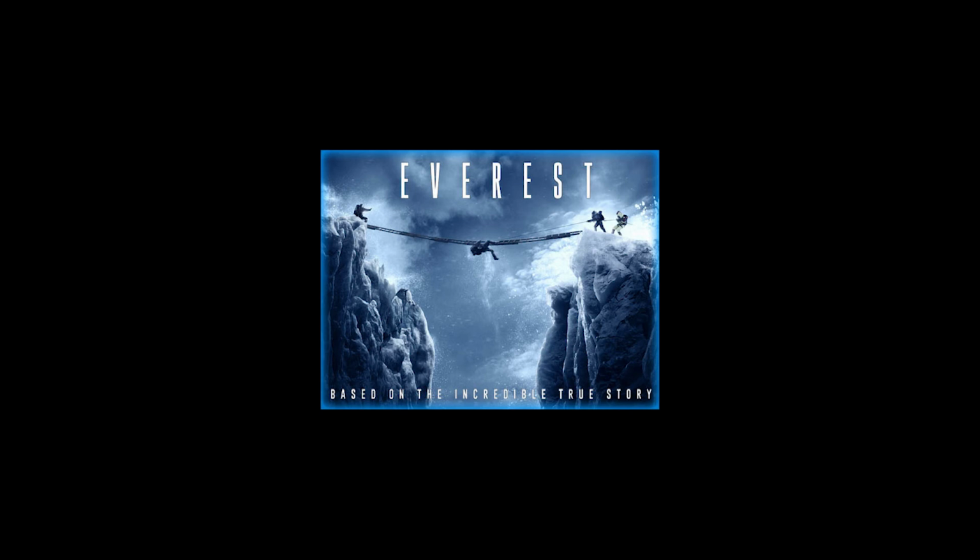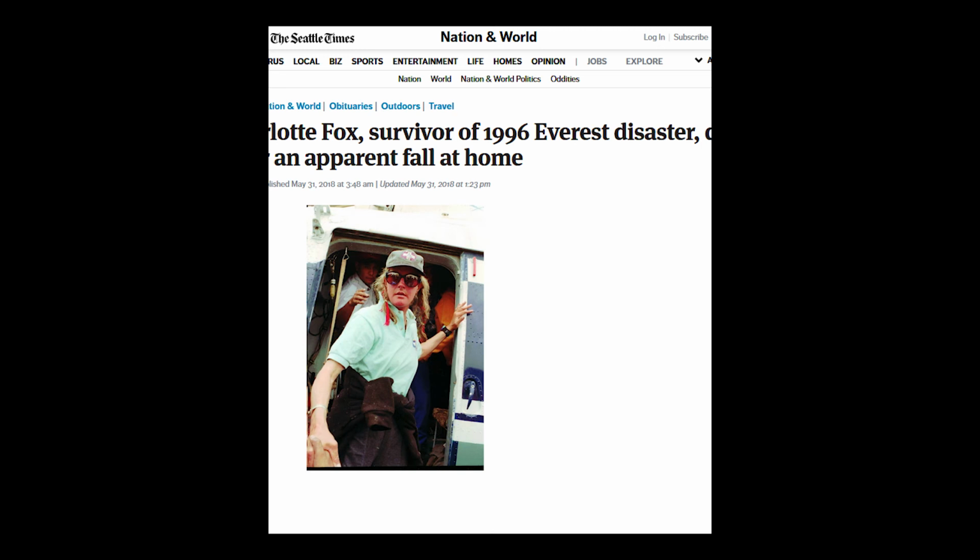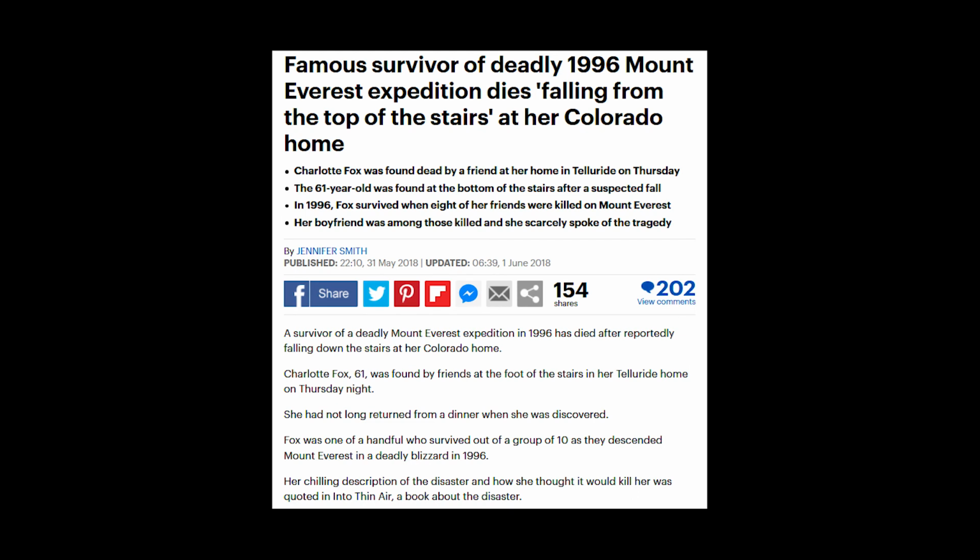One of the survivors was someone called Charlotte Fox, as we can see here. The interesting part is that she did survive, and she actually passed away in 2018, believe it or not, in a simple fall in her home. And that didn't receive much traction, certainly nothing in magnitude compared to what her climbing colleagues experienced in 1996.